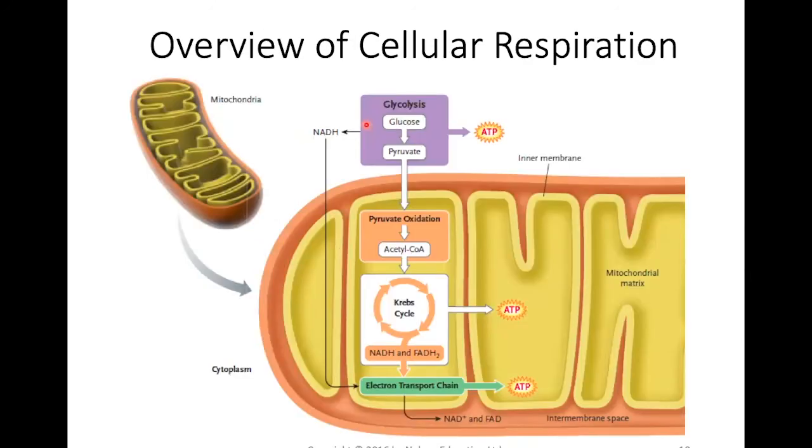So we're going to spend a lot of our time today focusing on aerobic cellular respiration, okay, whereby a glucose molecule in the presence of oxygen is going to ultimately be converted into ATP. Now, the stages, as I mentioned at the beginning, are glycolysis, pyruvate oxidation, the Krebs cycle, and the electron transport chain.